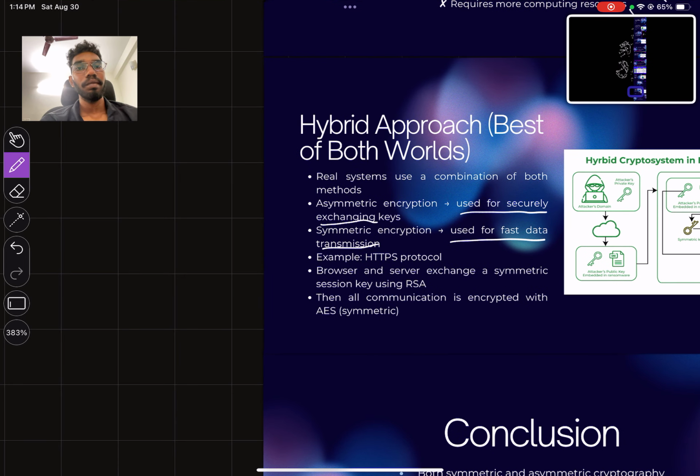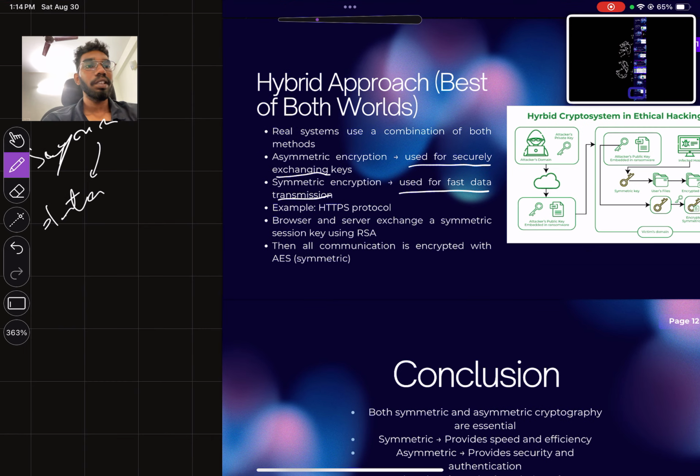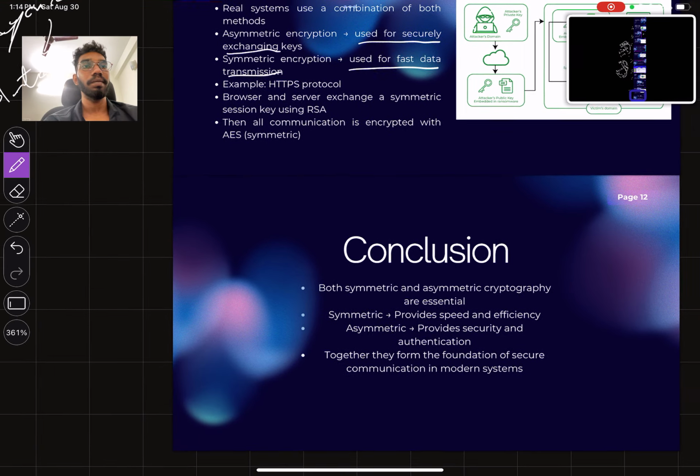As we saw, symmetric uses only one secret key, so it's very fast and can be used for data transmission. But for securely exchanging the keys, we use asymmetric encryption, and it's usually used in the very secure HTTPS protocol and everything.